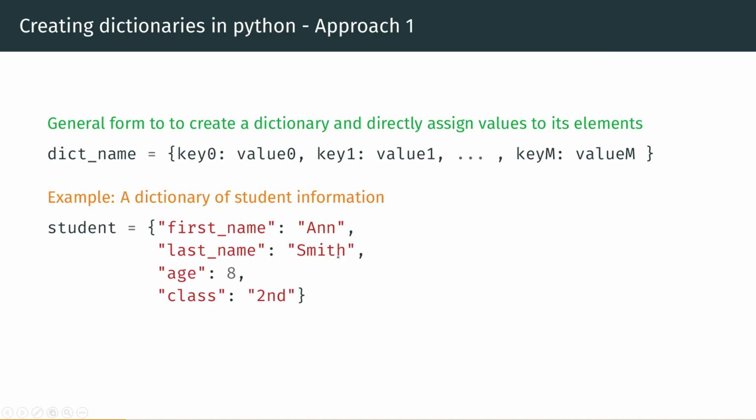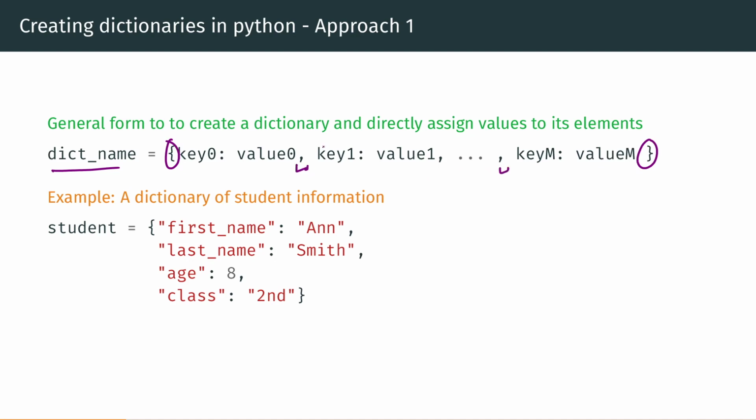Now, how would you define a dictionary? Okay. So the way to define a dictionary, if the keys and values are known beforehand, is like this. Okay. So you state the name of the dictionary and then equal to, right? And then within a pair of curly braces, you add the key value pairs separated by commas.